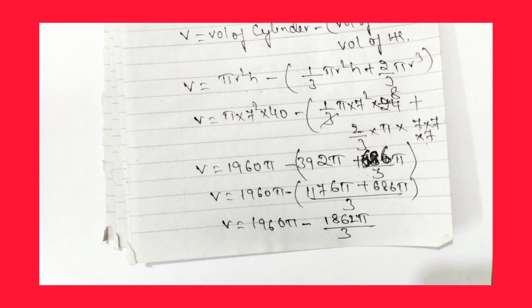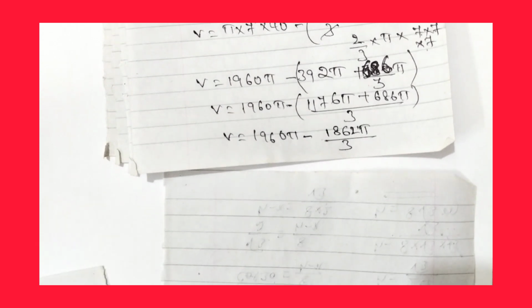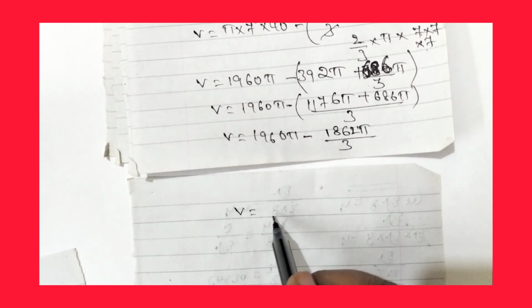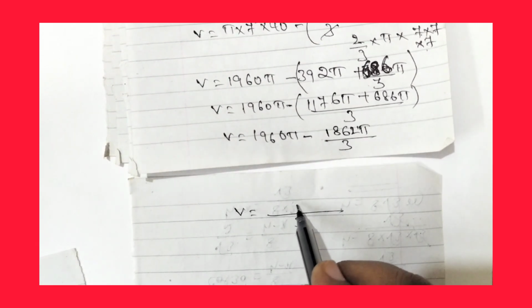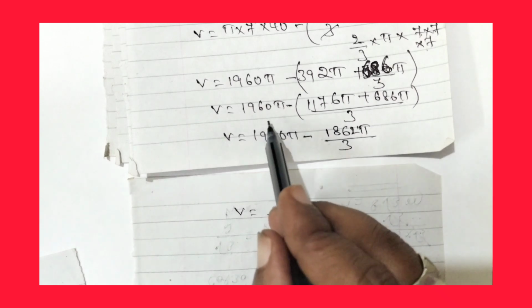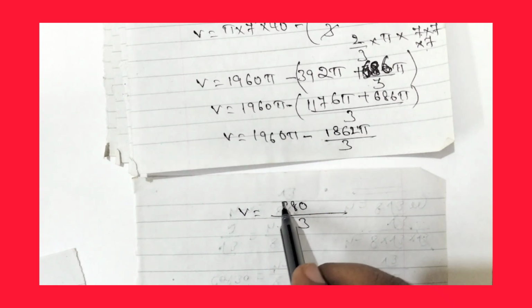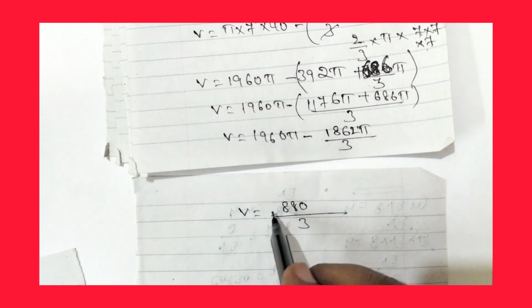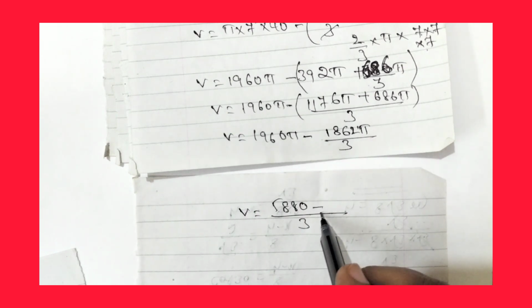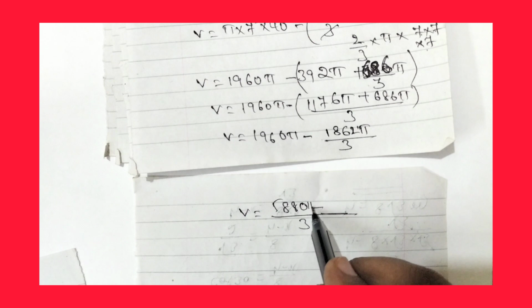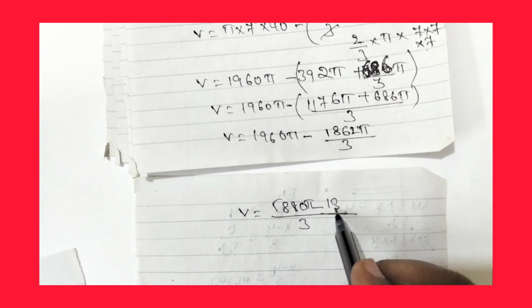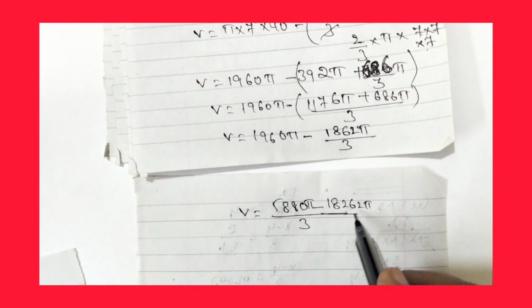So now let us take 3 as the LCM. So if you take 3 as the LCM, let us see what we will get here. The volume of the solid is equal to 3 zeros are 0, 3 sixes are 18, then 3 nines are 27, 28, 3 ones are 3 plus 2, 5. So 5880 pi minus 1862 pi.